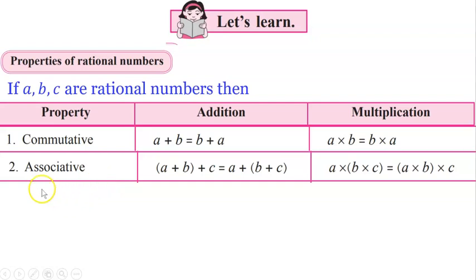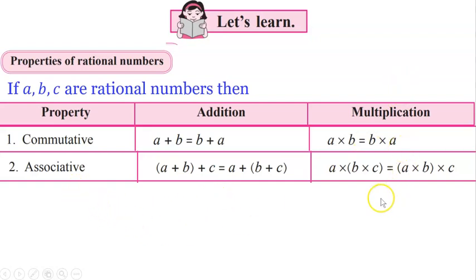Next property is the associative property. Here, if a, b, c are rational numbers and we first add a plus b and then add c, that is equal to a plus the sum of b plus c, and this property is called the associative property for rational numbers.